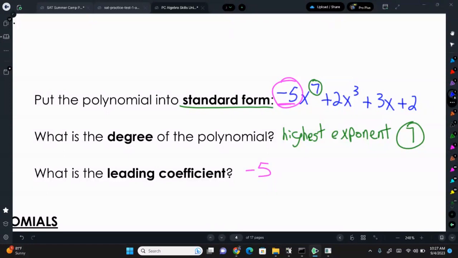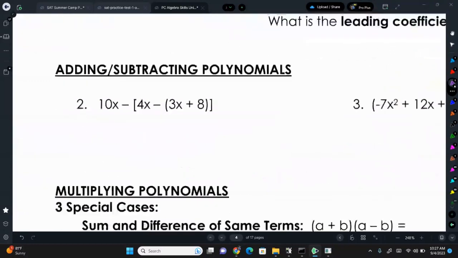So I just want to make sure that when we are subtracting polynomials, that we remember to distribute the negative sign if need be. So here we have 10x minus, and then in brackets, which are just another set of parentheses. Instead of writing parenthesis and then parenthesis like that, to make it a little bit less confusing, we can use brackets instead. So just think of brackets as additional parentheses. We need to distribute the negative sign first.